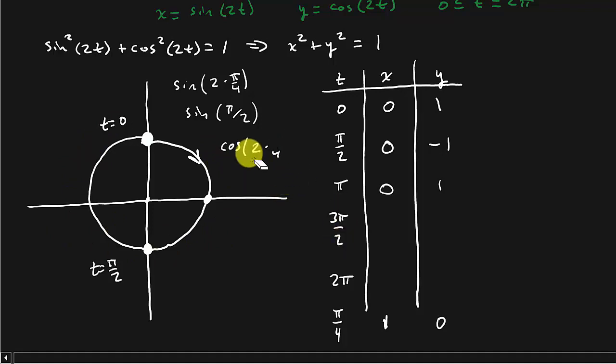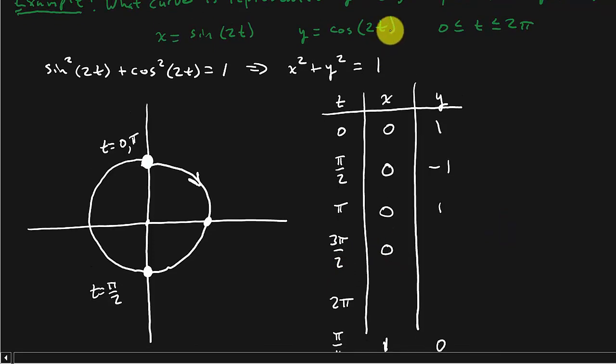Let's plug in the 3 pi over 2. Okay, so remember, we did pi, so this is also at pi when t equals 0 and when t equals pi. And then when we plug in 3 pi over 2, that's going to be the sine of 3 pi, which is 0.